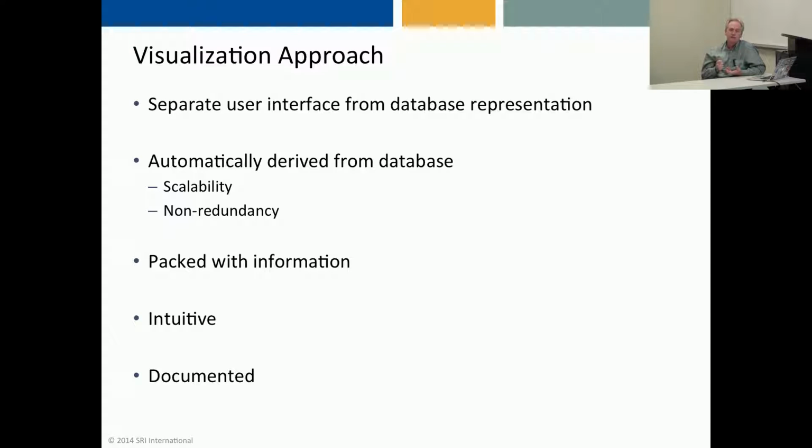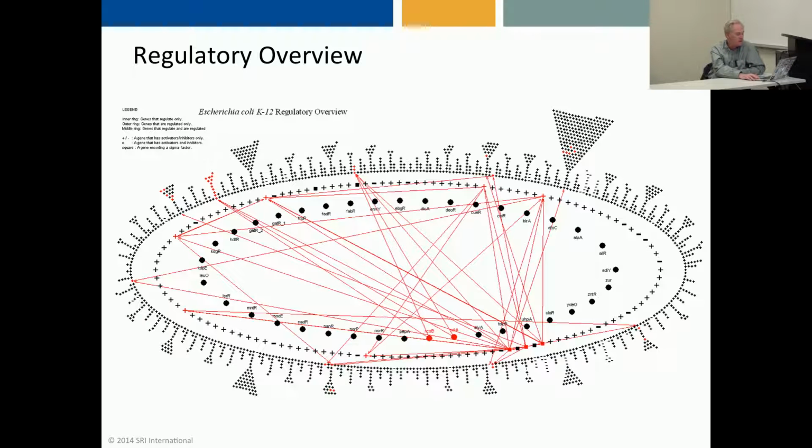And it also gives us non-redundancy so that when the database information changes, we don't want somebody to have to manually redo the diagram. We want the software to automatically generate the diagram. Hopefully these diagrams are intuitive, can be grasped very quickly, but we do have documentation for all the diagrams if the user wants to study them and understand the different visual conventions that we're using.